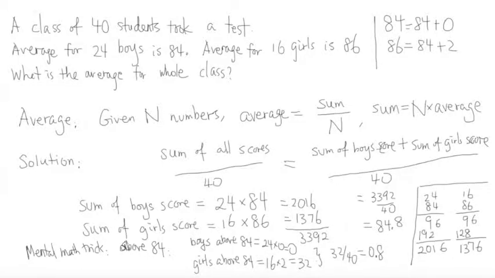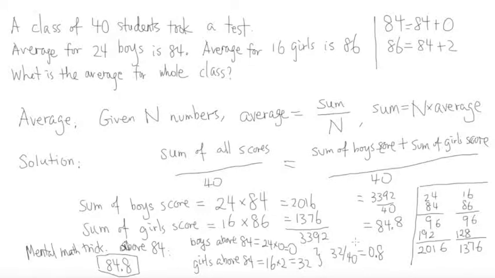And you see, I add back the 84, I get the same answer. So I can even do this in my head without resorting to writing down all these multiplications. And I get the same answer. So I think the second method is better.